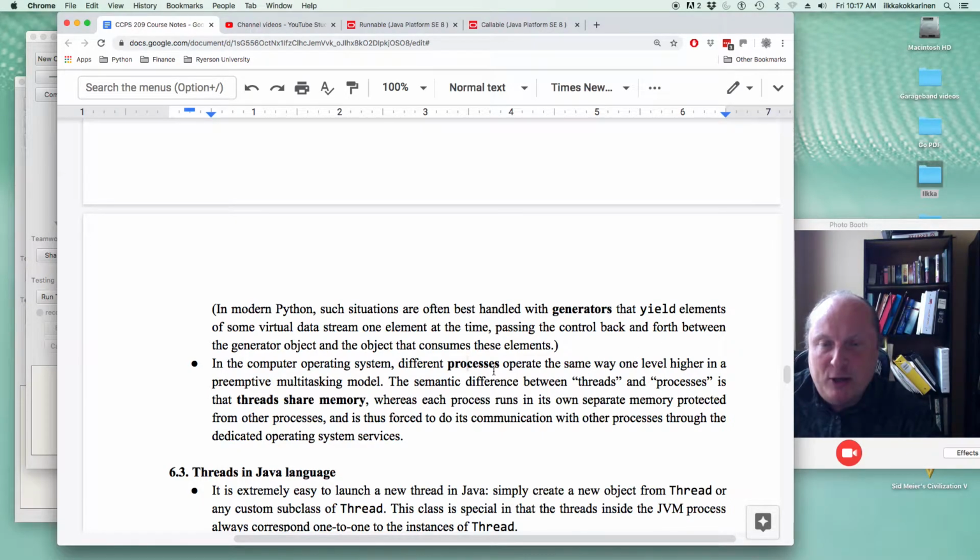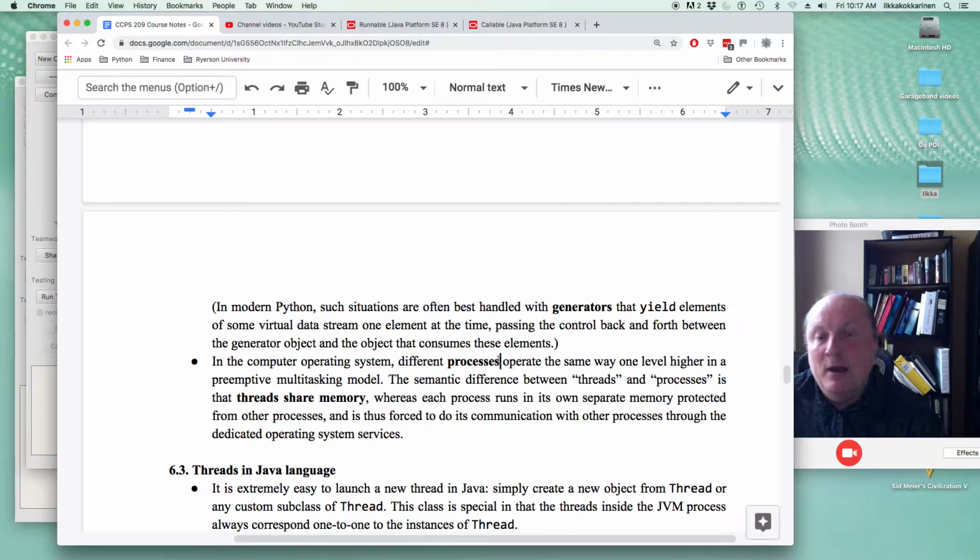Then terminology here. When it's the operating system, we talk about processes, and the Java virtual machine is one of the processes, and it simulates an imaginary computer inside it that has threads, and those threads divvy up the execution time. So why do we use one word in the operating system and one word in Java?